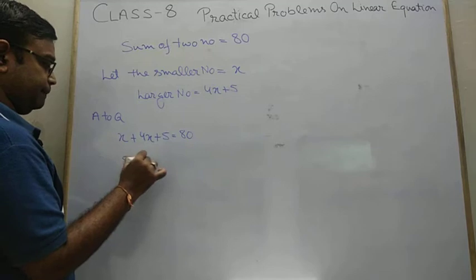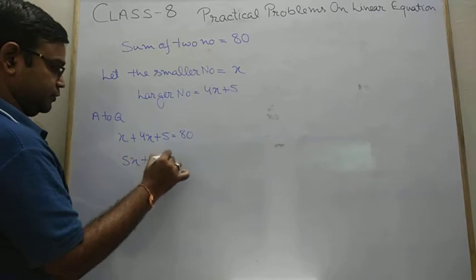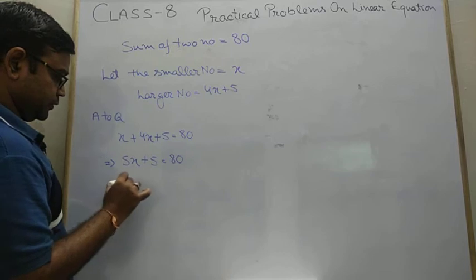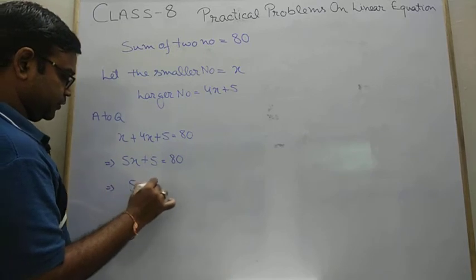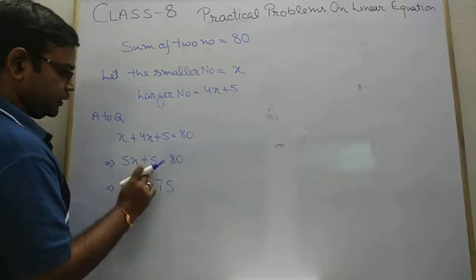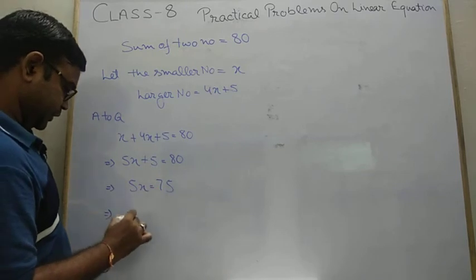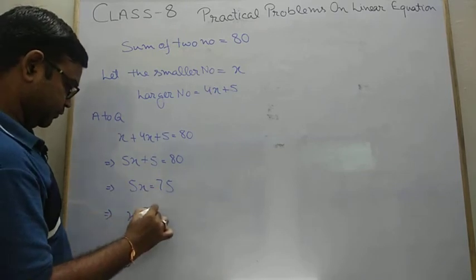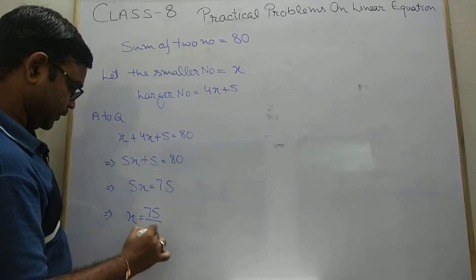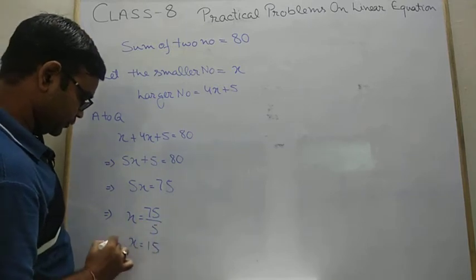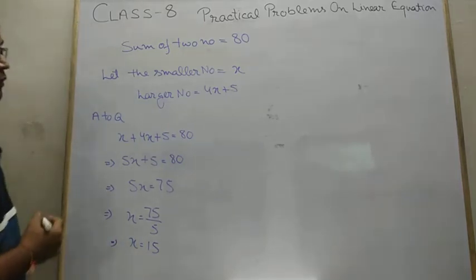5x plus 5 equals 80. 5x equals 75. This 5 comes to this side, which gives 25. x equals 75 upon 5, which is 15. The value of x is 15.